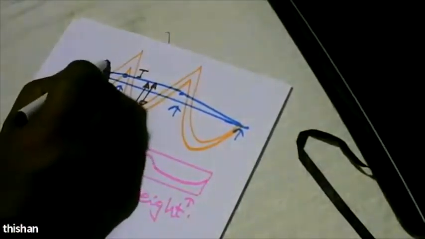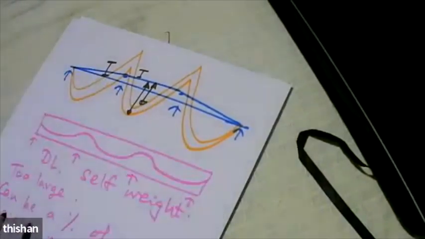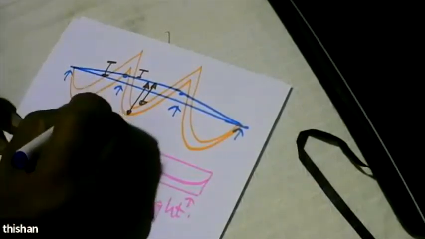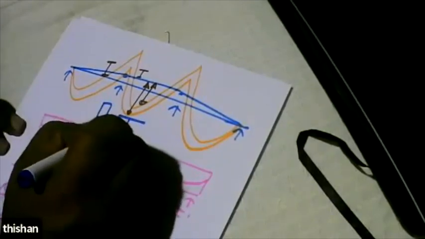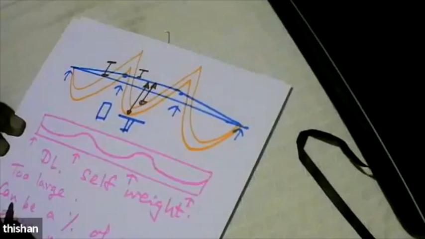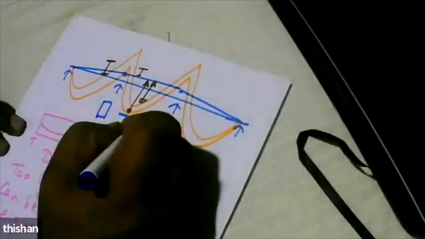Earlier, the magnitude used to be this. Now the magnitude has been reduced. So what is the advantage? It's going to behave like a rectangular section here, flange here. So flange, high moment.